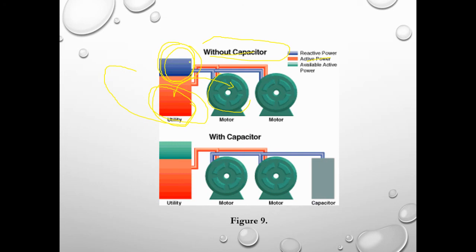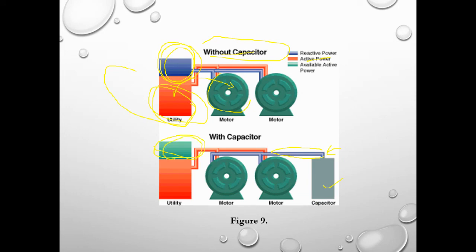But with a capacitor, we have actually reduced the reactive power, the blue one here, from the utility. It is now the capacitor's job, or responsibility, to provide the blue one. The blue means the reactive power. So the utility is now free from any reactive power. The job has been taken over by the capacitor, and then we have spare active power over here.